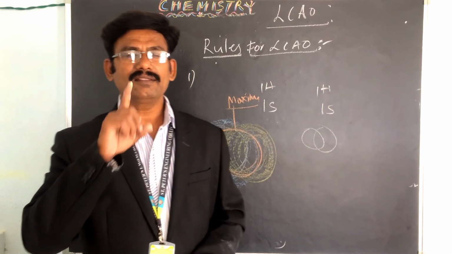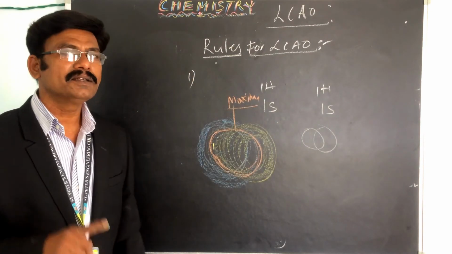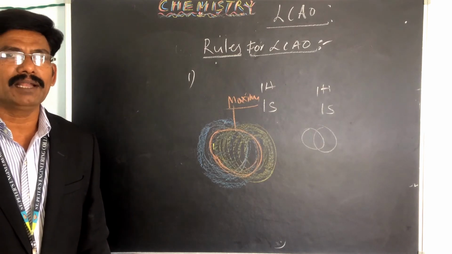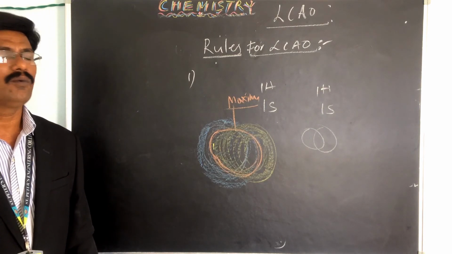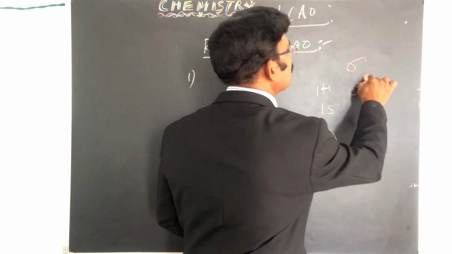And finally, the last rule is what? The last rule is to produce bonding and anti-bonding molecular orbitals: bonding is sigma, anti-bonding is sigma star.